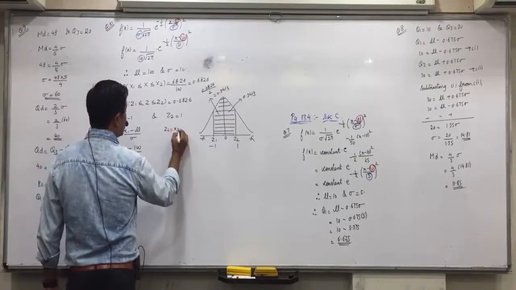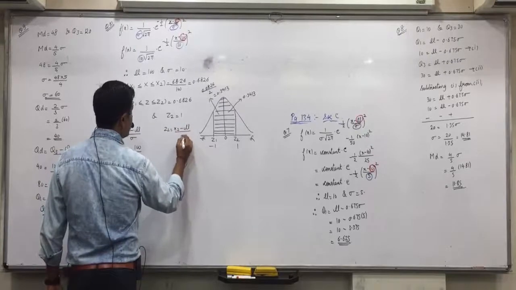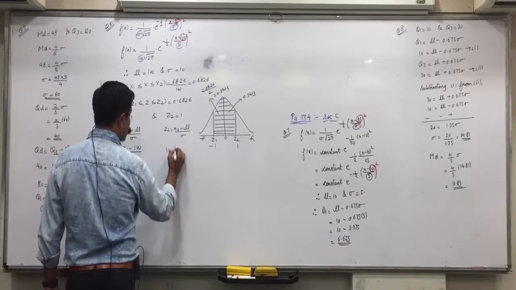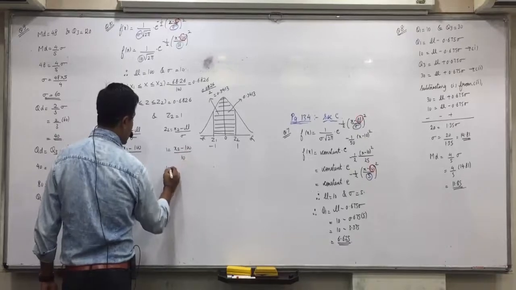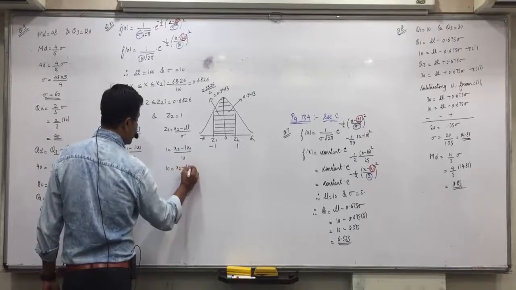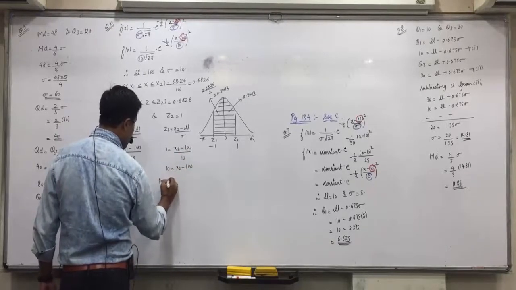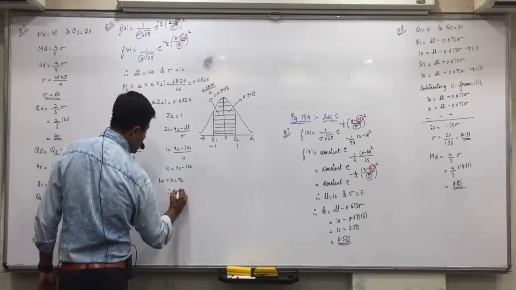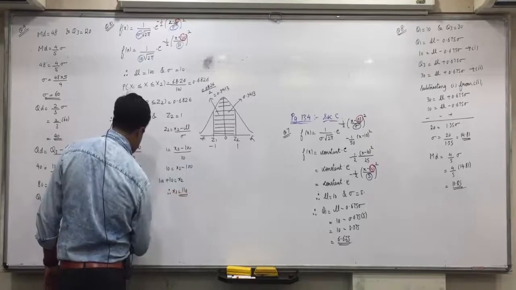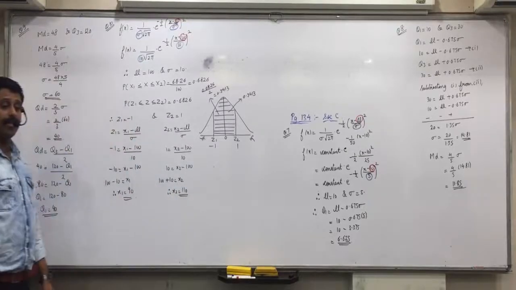Z2 equals x2 minus mu upon sigma, 1 equals x2 minus 100 upon 10. 10 into 1 is 10. Minus 100 on the left becomes plus, so x2 is 100 plus 10, 110. Means the limits are 90 to 110.